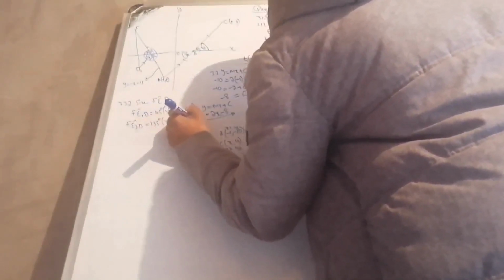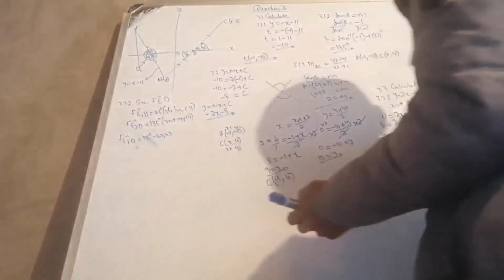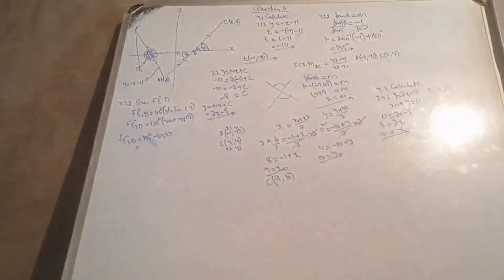Reason is vertically opposite angles. So FE2D must be equal to 135 minus 63.43. That gives me a value of 71.57 degrees.